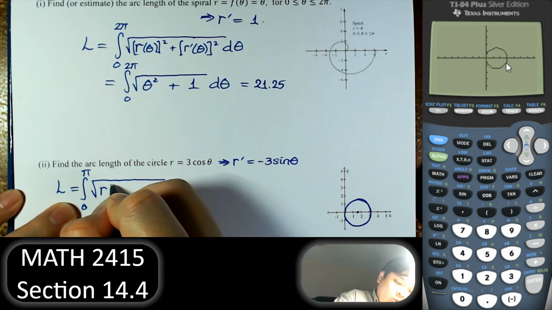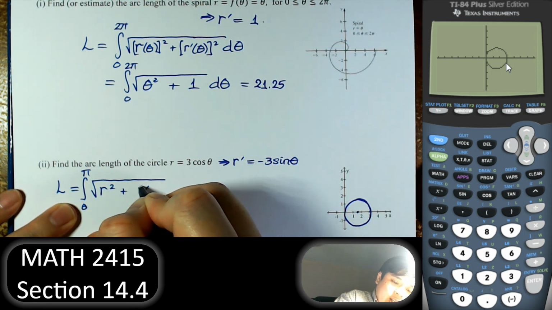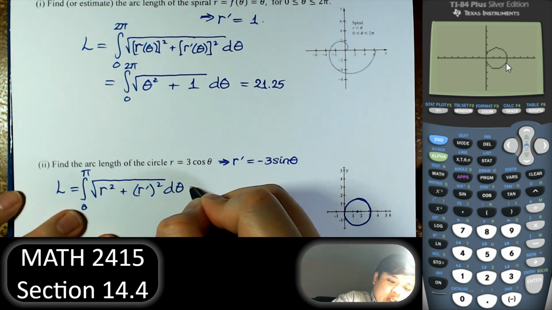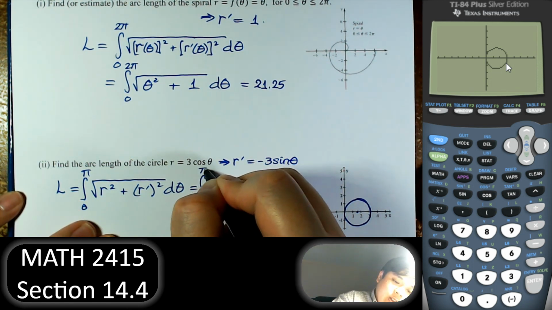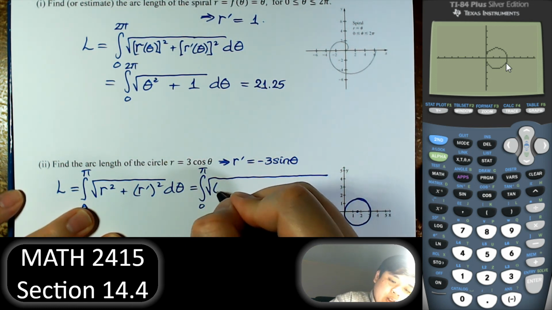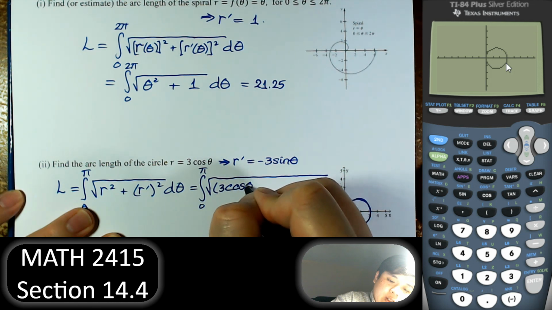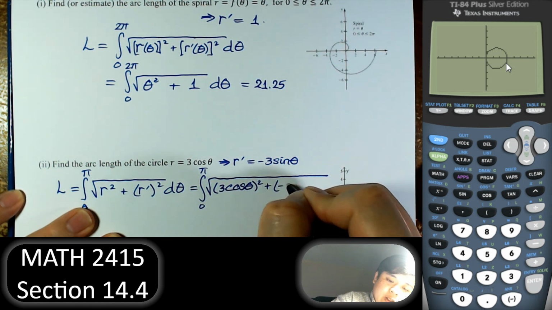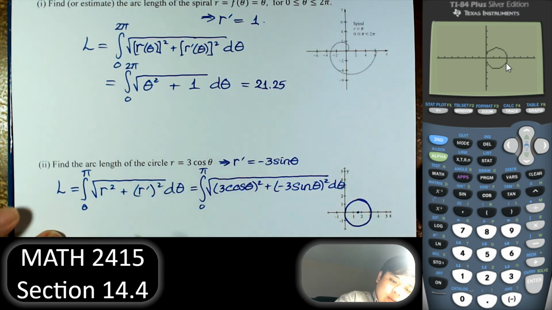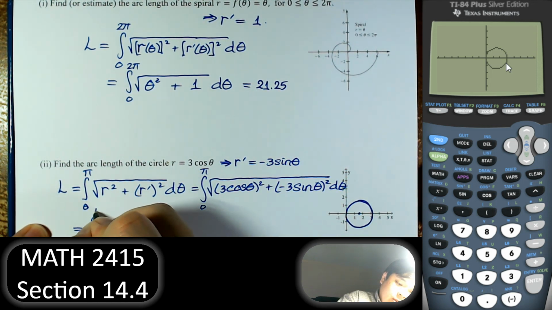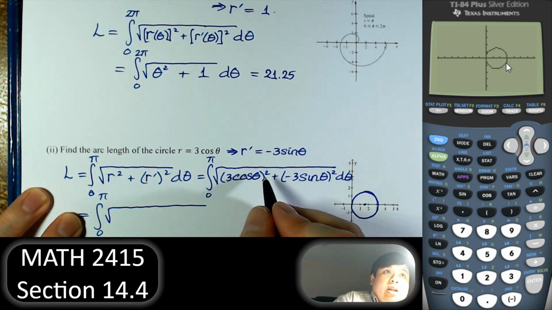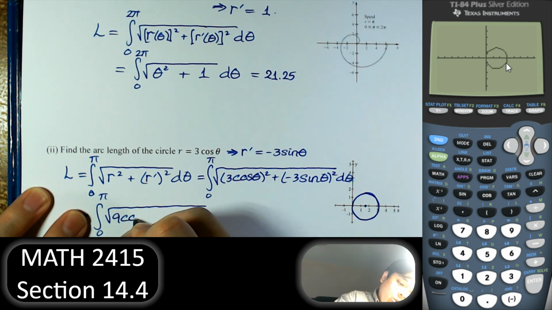We just have r squared plus derivative squared. Both of them are functions of theta, so we just have 0 to pi. So 3 cosine theta, 3 sine. 3 squared gives us 9 cosine squared.